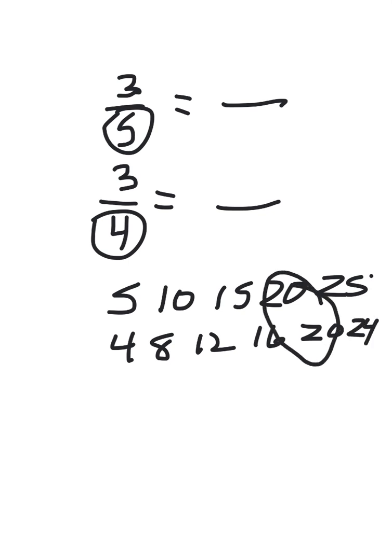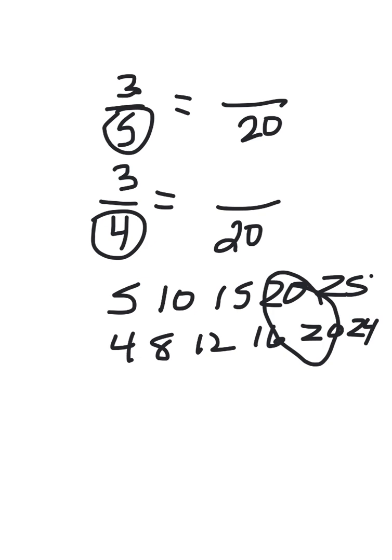They both will go into 20. So 5 can become 20, 4 can become 20, and that's the number that we would use. So that's the first number they have in common, the first common multiple, first common denominator.